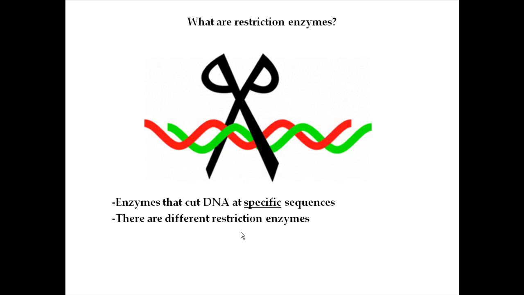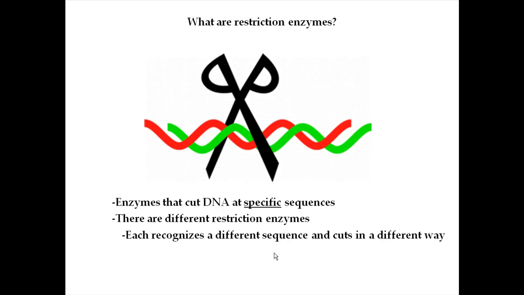The way these different restriction enzymes differ from each other is, one, each type of restriction enzyme will recognize a different sequence on DNA. Not only that, but each restriction enzyme will cut the DNA in a different way after it recognizes the sequence that it's specific for.